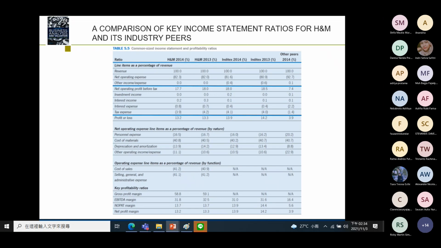Further, Intertex's greater presence in the higher price segment of the apparel industry should allow the company to have a greater average markup on its products than HMM.